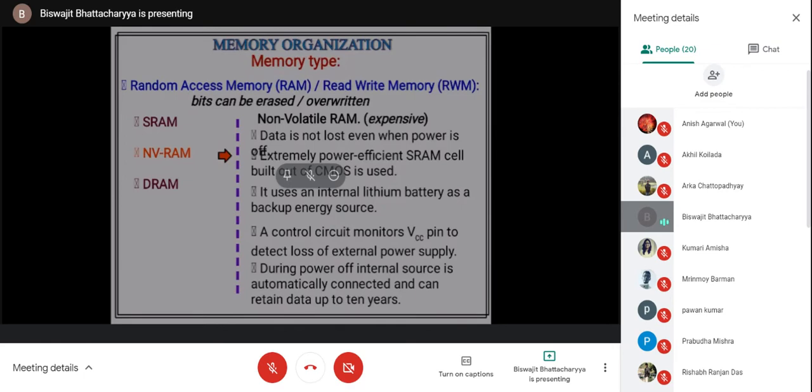There is a sensor circuit present, which senses the bias voltage of the transistor internally. When the bias voltage of the transistor is missing, then the sensor circuit will automatically trigger the lithium battery, so that now the power will be supplied by the lithium battery, and therefore the data bit will not be lost anymore.